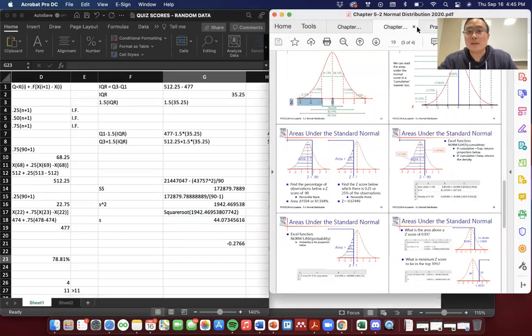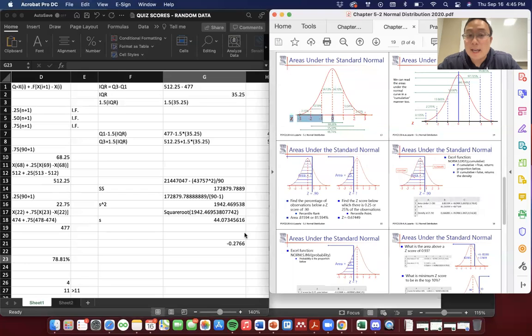If you look back at this chart, -0.2766 isn't past -1, so it's here somewhere. You know that 50% of the data is over here. So whatever the United States did, sure, they were below the mean, but they were very, very close to the mean, right?